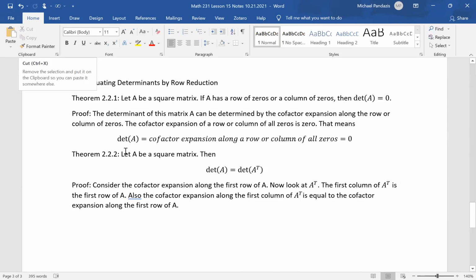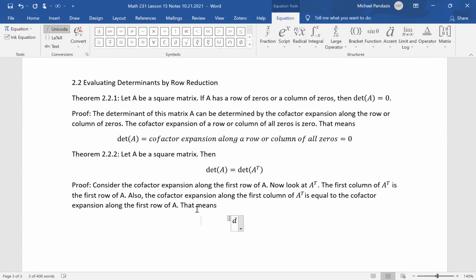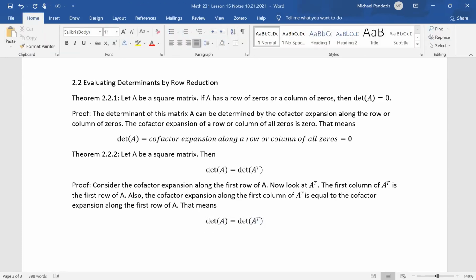That means that the determinant of A is equal to the determinant of A transpose, because they both equal the same expression.